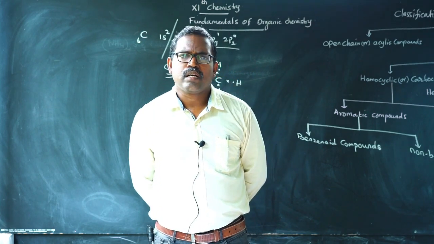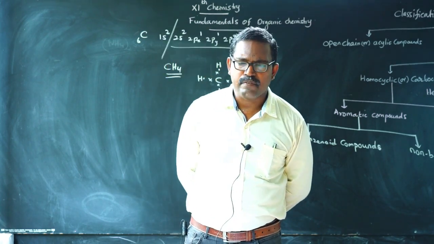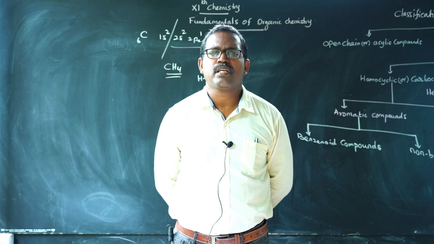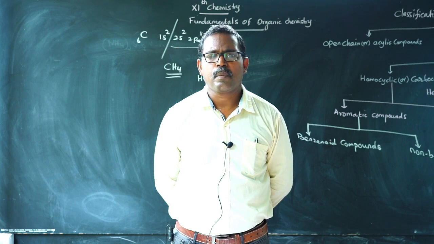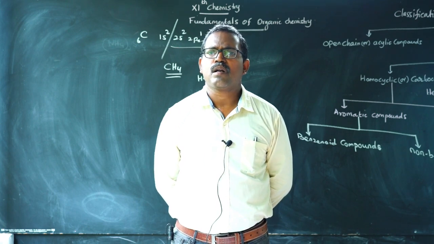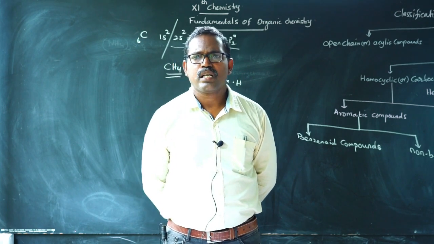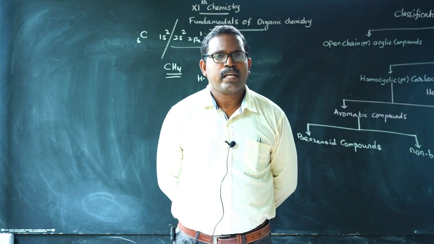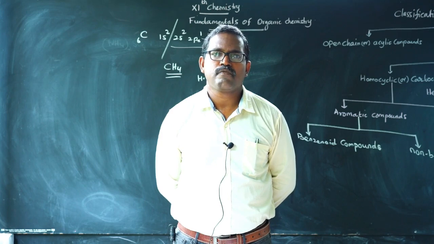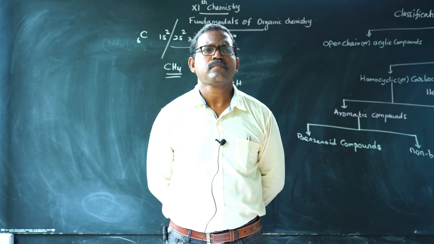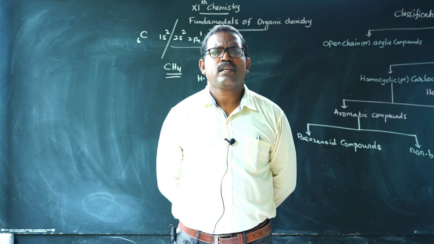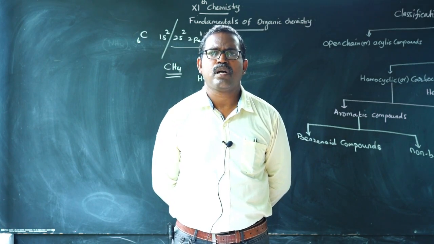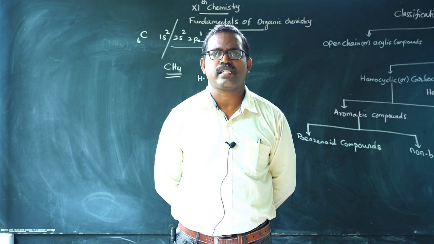Now, the important characteristic properties of organic compounds. Organic compounds are covalent in nature. We already know how covalent bonds are formed. These organic compounds are also non-polar in nature, not easily polarized.